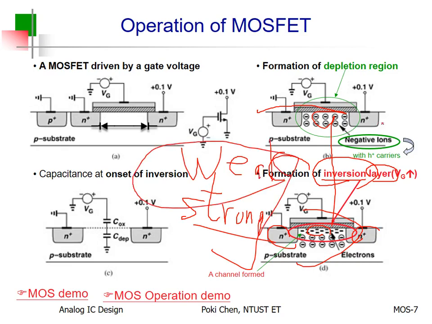The operation is very close to this: you kill all the holes, and then very few electrons are stored here. So it conducts very little current compared to strong inversion. But it still conducts current, instead of no current.